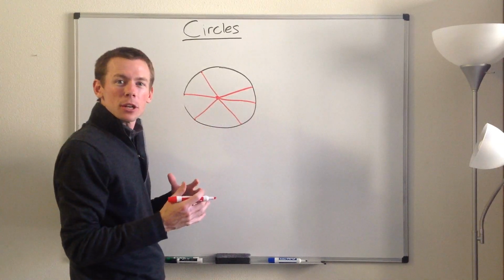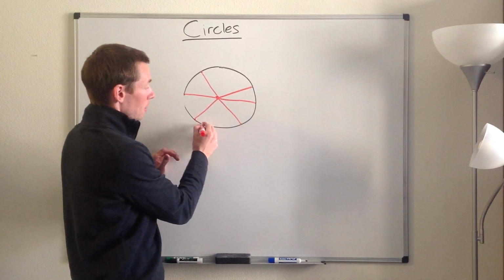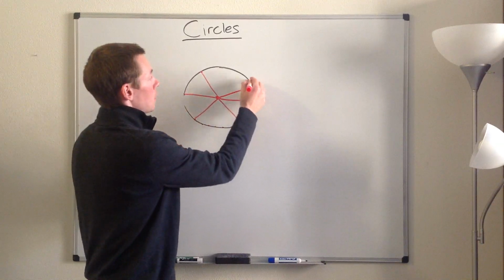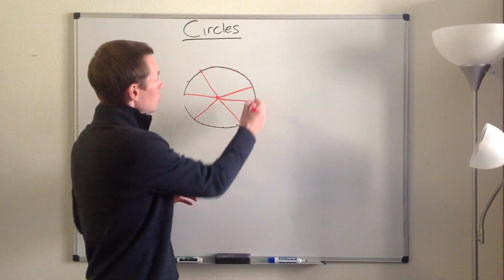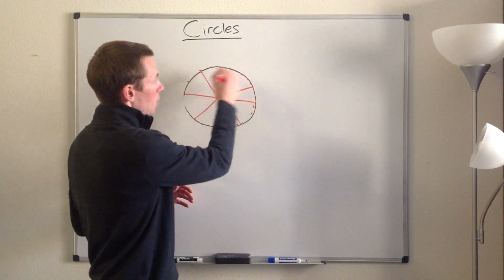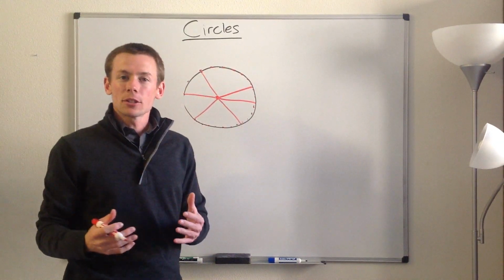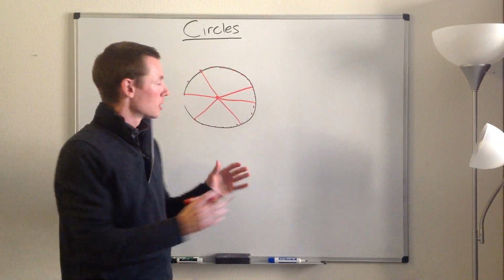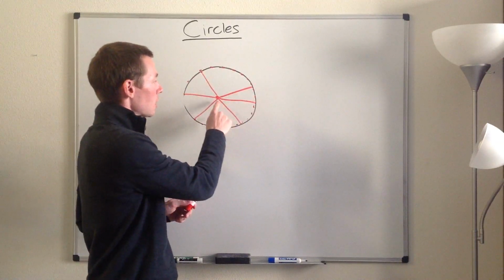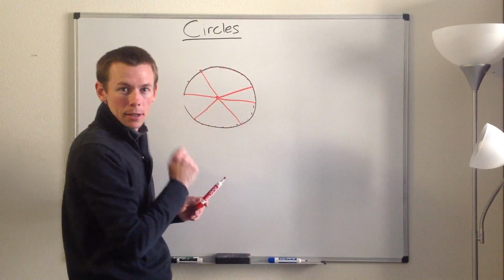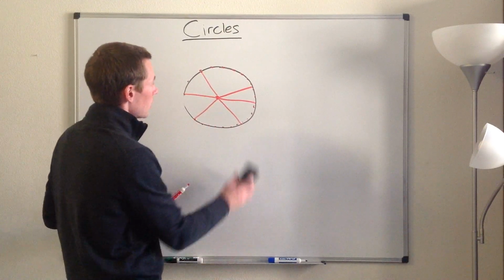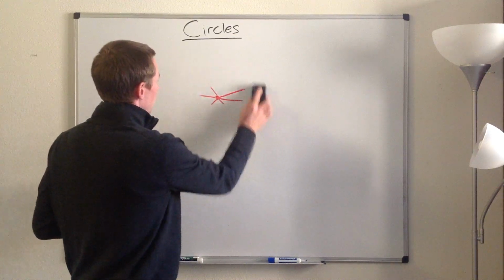And now imagine I put in an infinite number of these points all around. And then I draw my line connecting all these points, and that's what makes a circle. So it's the set of all these points that are equal distance from this one point here, the center. Okay? So, I'm going to erase this now.